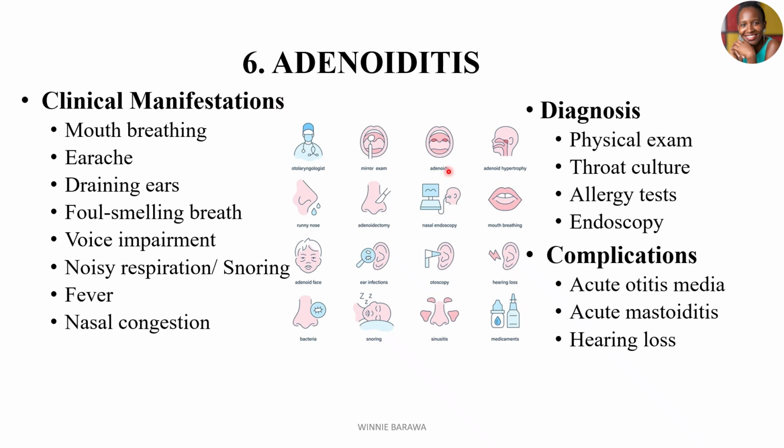Then we have allergies. Here we are looking at any form that could bring allergic adenoiditis, so we can do an allergy test to confirm if there is any presence of such. Then endoscopy is also good. With endoscopy, we are directly viewing the adenoids to confirm if they are clear, if they appear normal, or again, you can detect any form of inflammation.